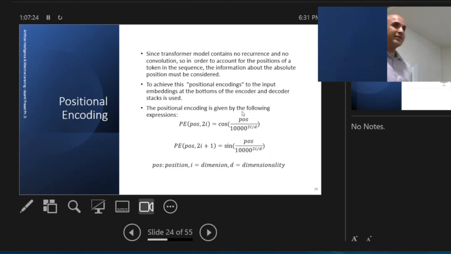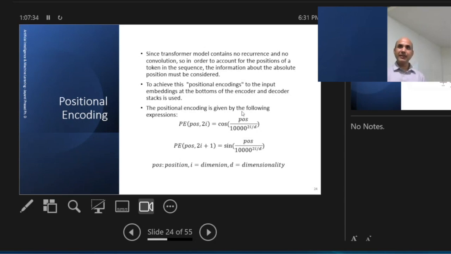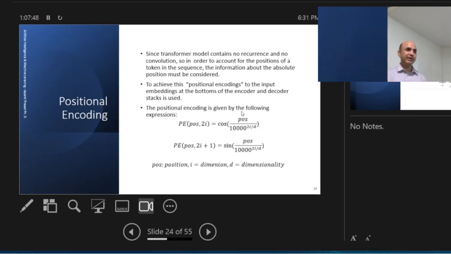Now, positional encoding. Again, this is another complex topic, and I will explain it also. When we are computing the attention between different tokens, we are not capturing their relative position in a sentence. Imagine you have 5 words, 1, 2, 3, 4, 5.